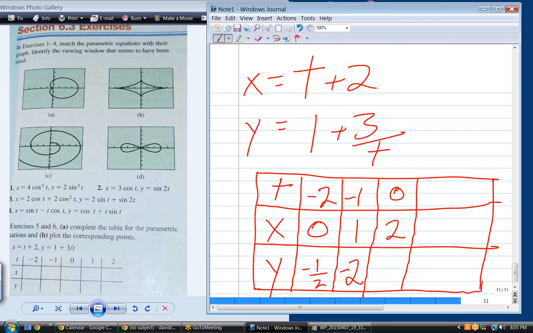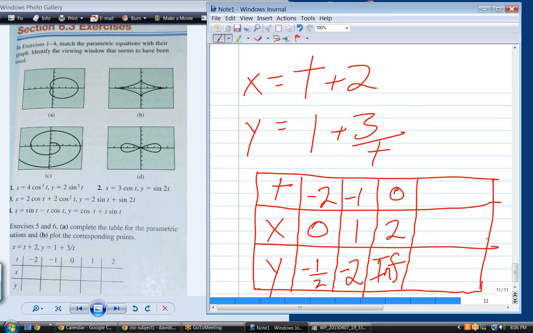Wait, how is x 2? Because all we're doing is plugging in 0 for t. X is equal to t plus 2, so when you plug in 0 for t, x is equal to 2. When you plug in 0 for t in this one, what do you get? Let's call it infinity for the moment, instead of undefined, because it actually is defined. It's infinite. This number becomes infinitely large when t goes to 0.